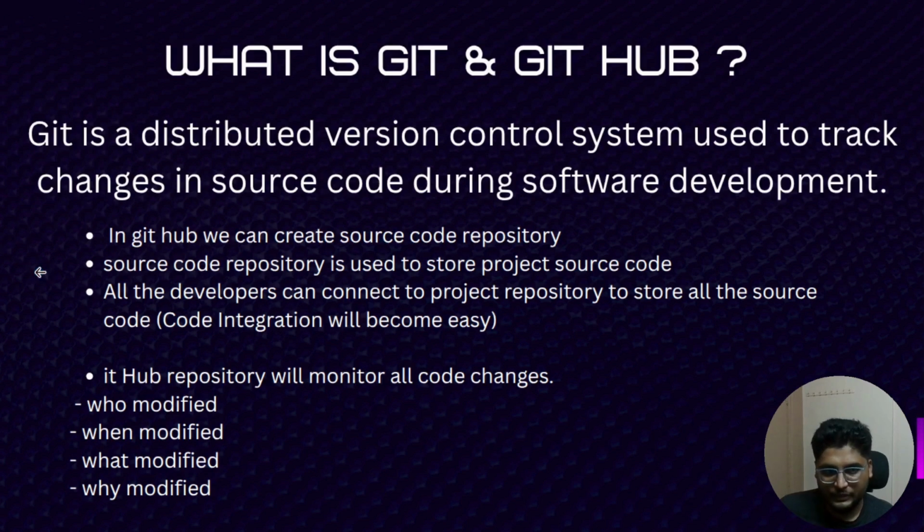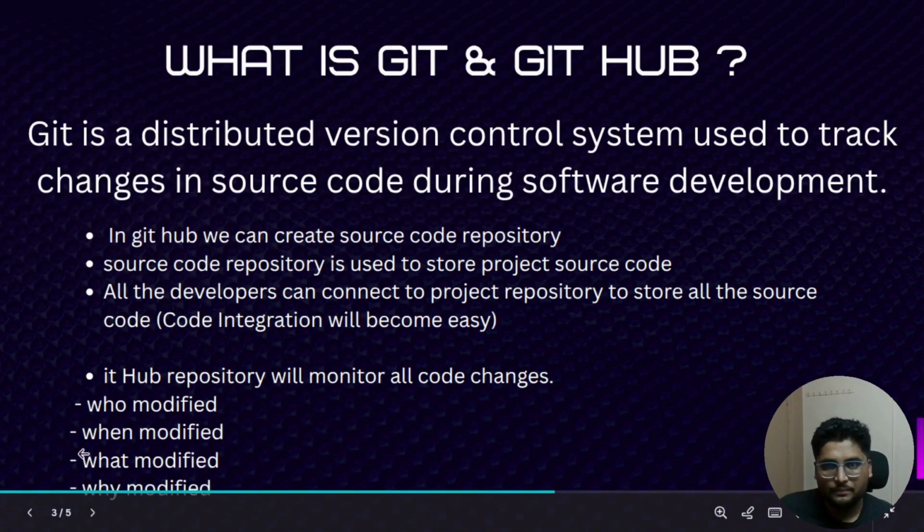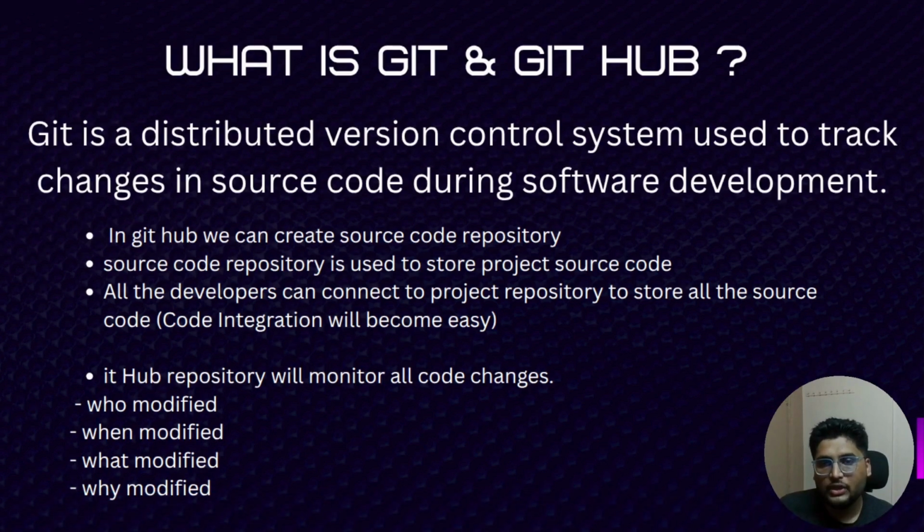It becomes very easy. In a GitHub repository, we monitor all code changes: who created it, who modified it, when it was modified, what was modified and why. All these questions are covered by Git. So this is the definition of Git and why we need a GitHub repository.